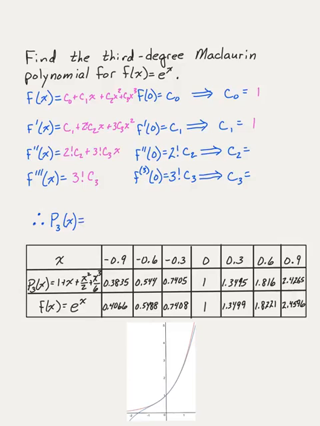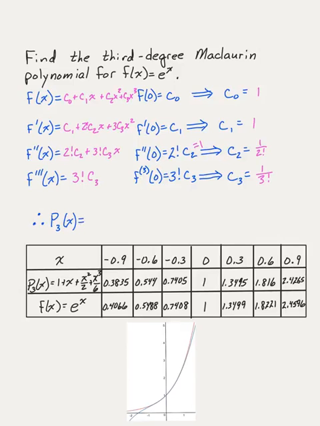And then putting 0 in, you end up with this equals 1. Therefore, c sub 2 is equal to 1 over 2 factorial. And then the last one ends up being 1 over 3 factorial.